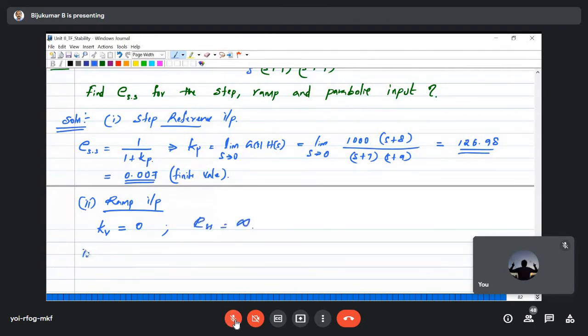And what about the third one? For a type 0 system, Ka remains 0, and the steady state error becomes infinite. Okay, clear. So the type judges the value of steady state error. Clear? If you have doubt, please ask.